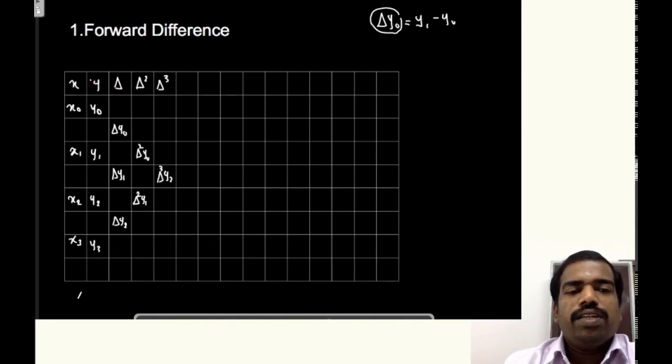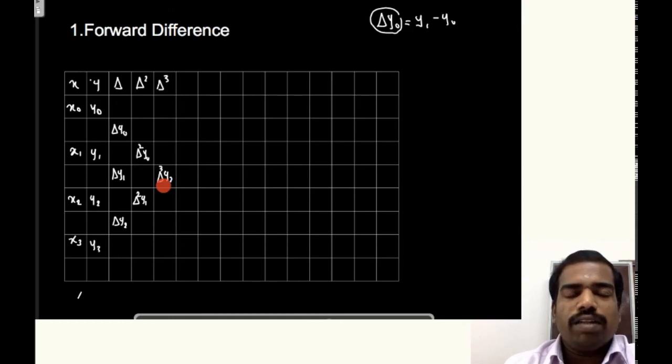Okay. Here you need to understand another thing. So these are the position values. Delta y0 is the first member of the first order difference. Delta y1 is the second member of the first order difference, and delta y2 is the third member of the first order difference, and delta square y0 is the first member of second order, and also delta cube y0 is the first member of third order. So all higher order differences start with y0.